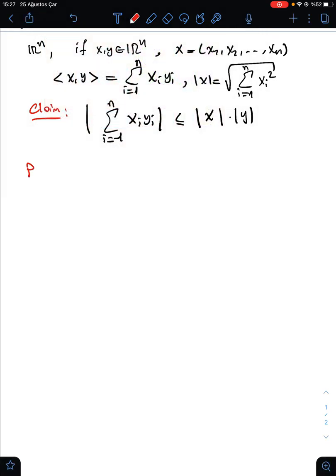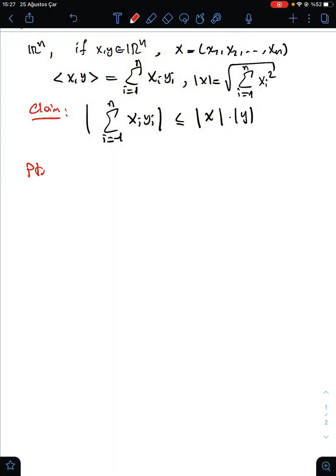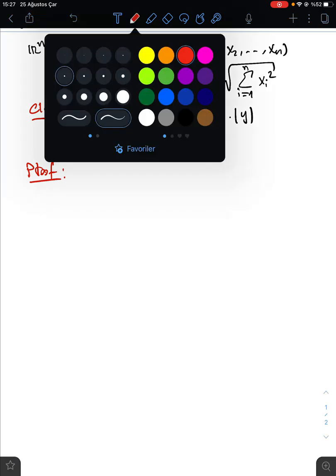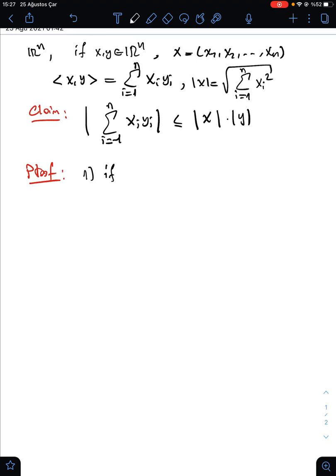So I have a clever, or in the way you like to hear, a bit non-standard proof. So hear me out. First we have two cases. First case, if x and y are linearly dependent, it means that x or y is scalarly dependent on the other element.